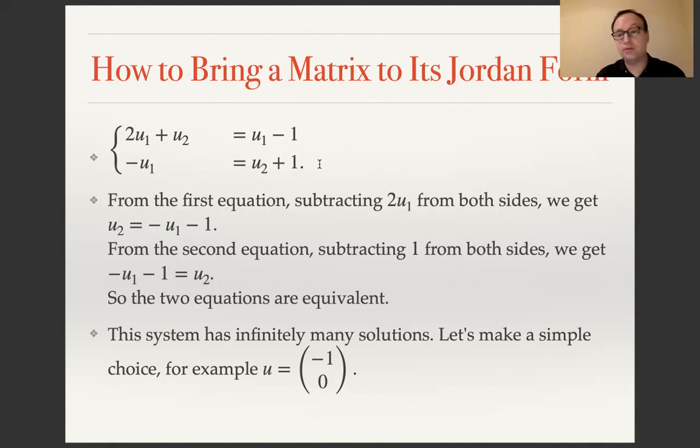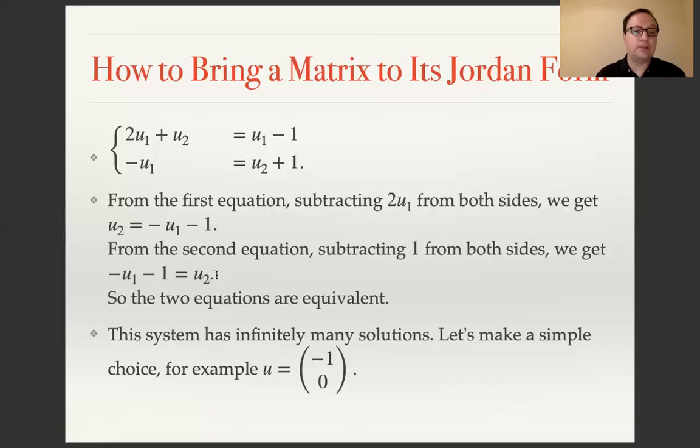So it's pretty straightforward to check that the two equations are equivalent to each other. So the two equations actually reduce to just one equation, no matter how we want to write it. Maybe let's go with this. Minus u1 minus 1 is equal to u2. And this means we can just plug in any value we want for u1 and find u2. So as I said, it has an infinity of solutions.